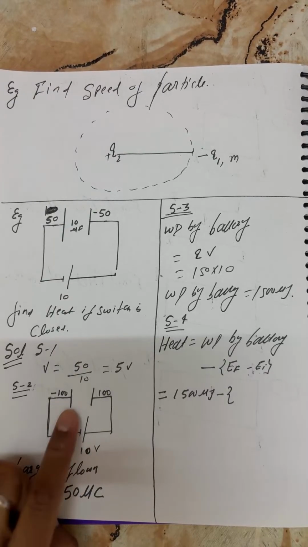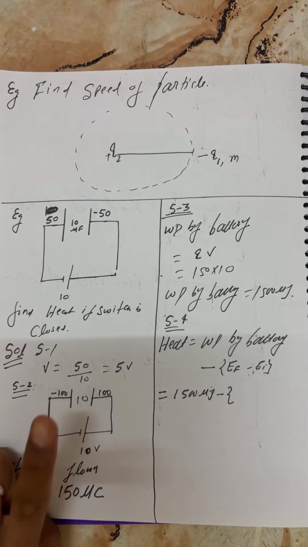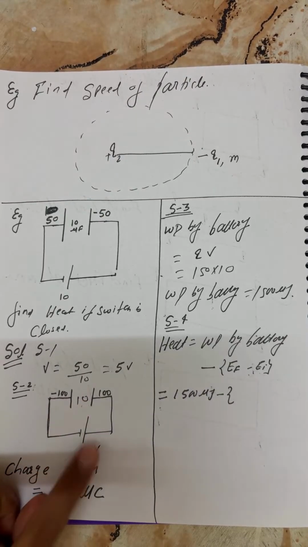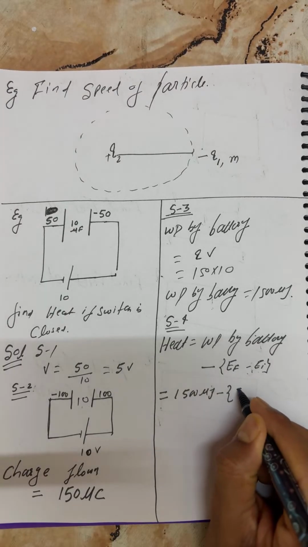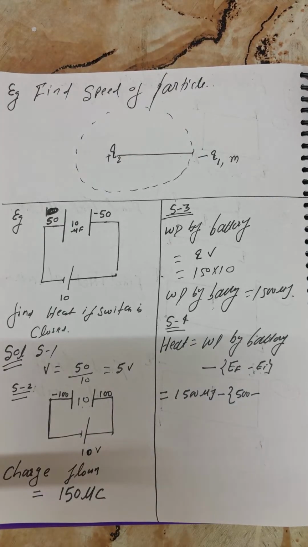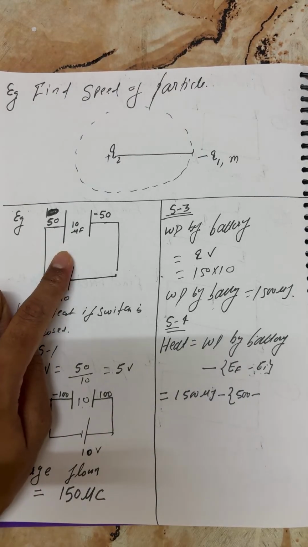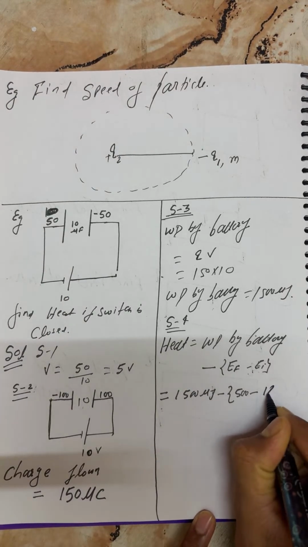Half CV square. C is 10, V square 50, so 500. Minus energy initial here, half CV square, which is 125.